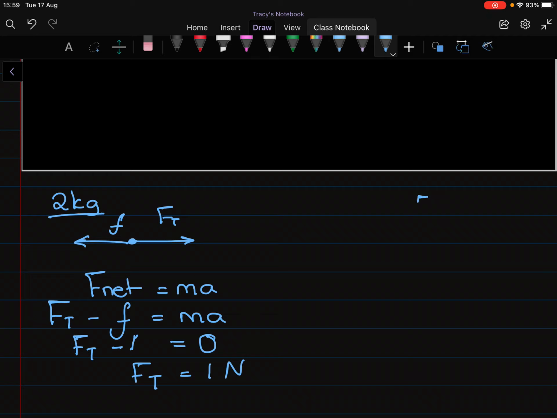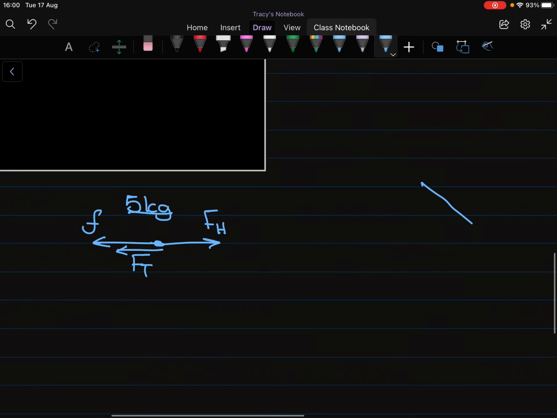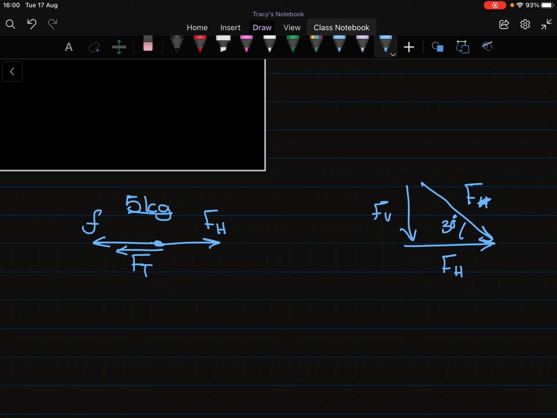Now, on the 5 kilogram block, I'm interested in the horizontal forces. So I'm interested in the fact that I've got F horizontal from the pushing force. I have friction going backwards and I have tension going backwards. Just to remind you, that's F. F horizontal is here, and that's 30 degrees. And F vertical would be here. Okay?